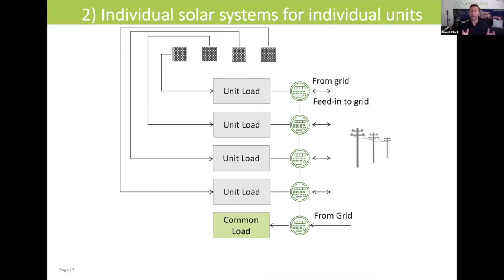It could also be done on a low-rise building, maybe a 2 or 3 level apartment block. The challenge with this model is that you need a separate inverter for each solar system, and an inverter that converts the DC to AC is an expensive piece of equipment.